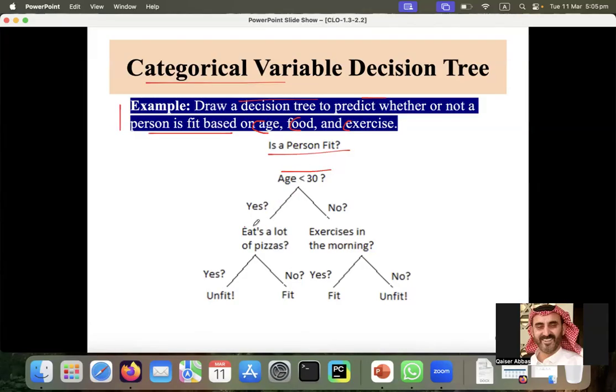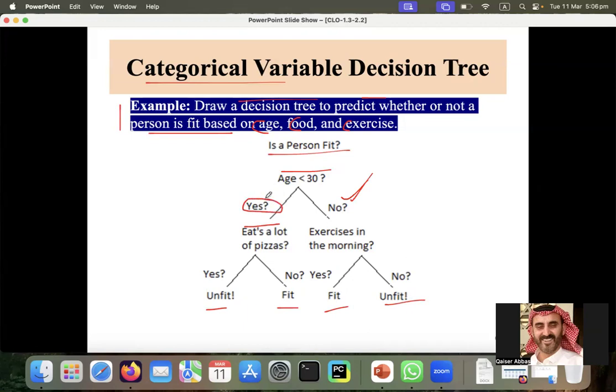If yes, then you have another question, eats lots of pizzas? If yes, you can say unfit, and if no, then we are saying fit. Similarly, if age is greater than 50, you come here: doing exercise, if yes, fit, no, unfit. So this is a simple example for categories.